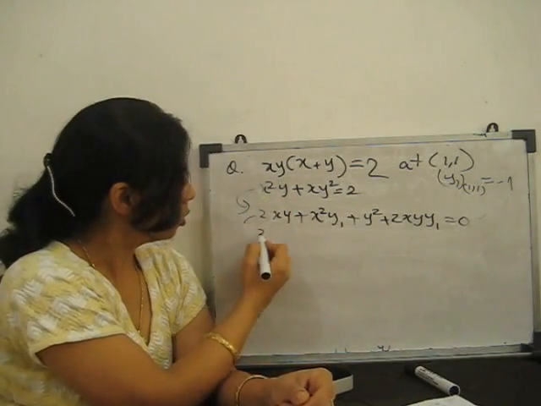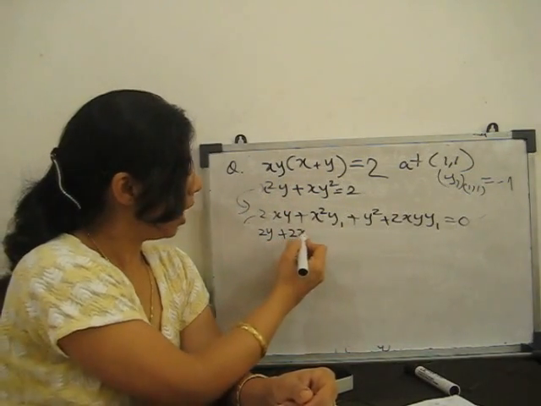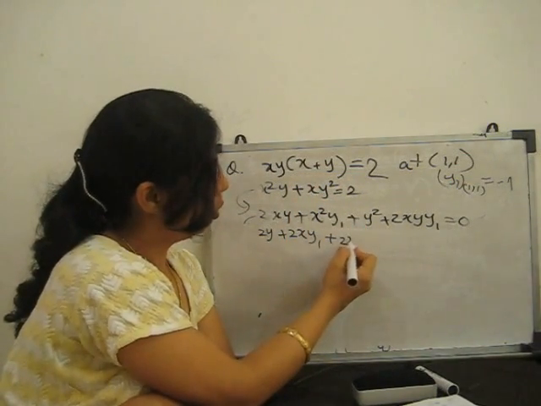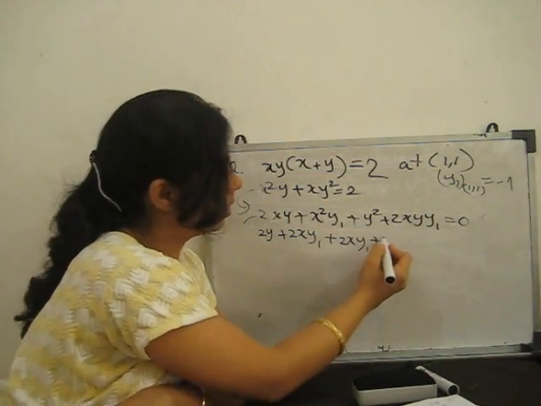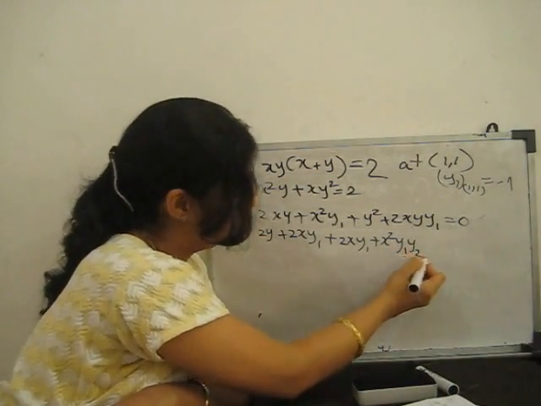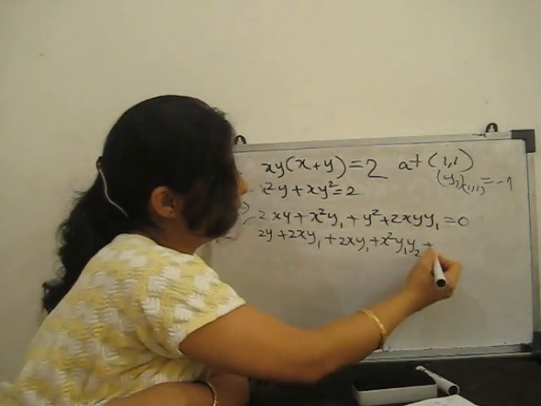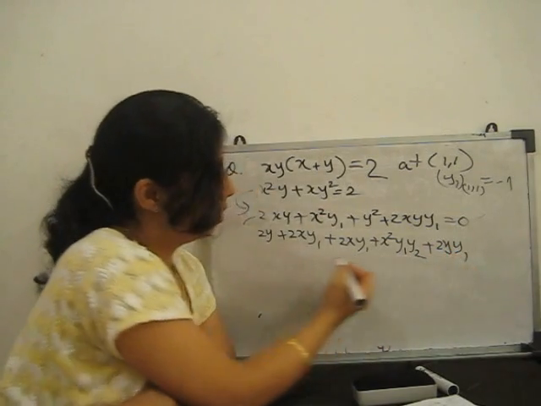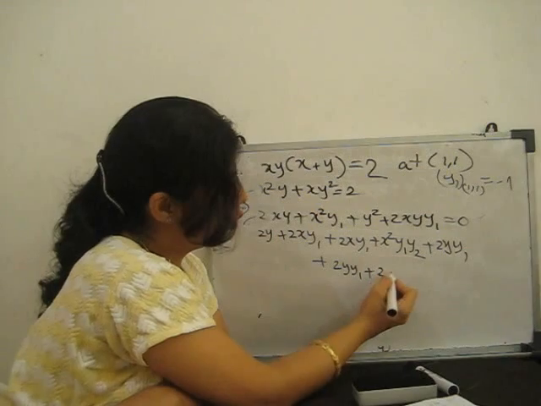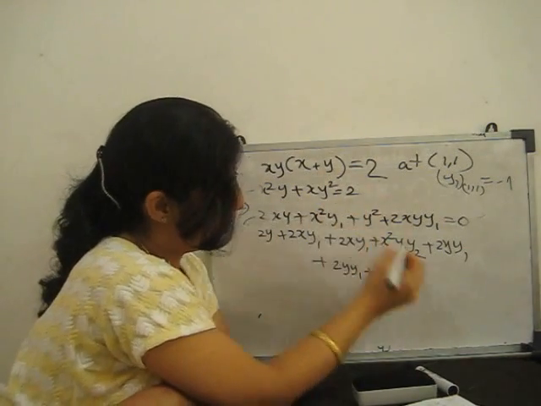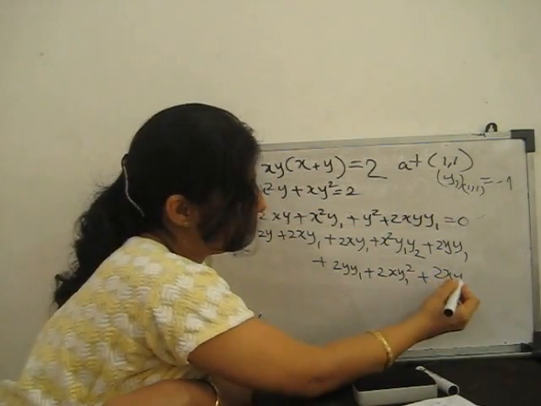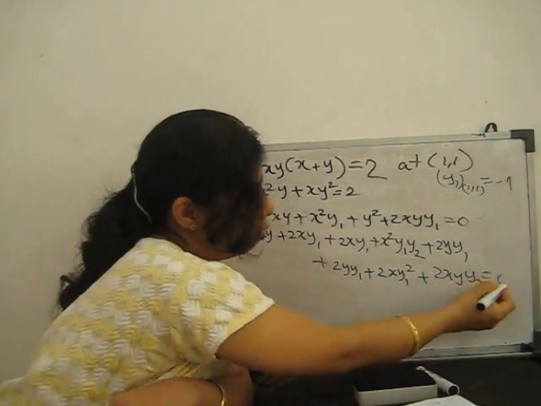So this gives 2y plus 2x y1, plus 2x y1 plus x square y2, plus 2y y1 plus 2y y1 plus 2x y1 square, plus 2xy y2 equal to 0.